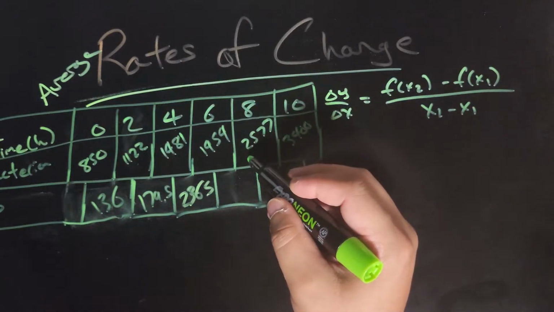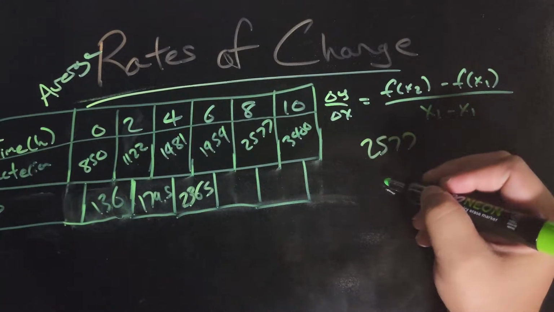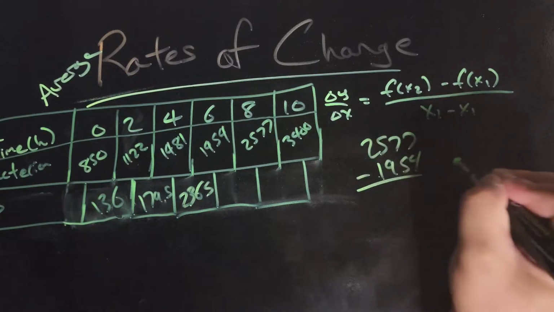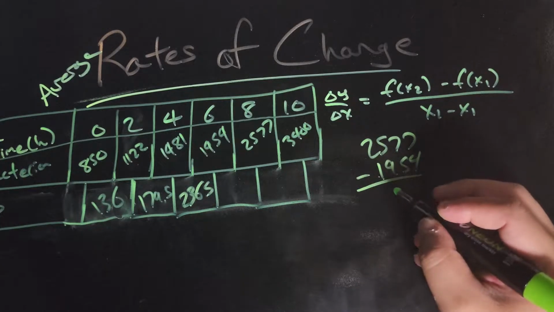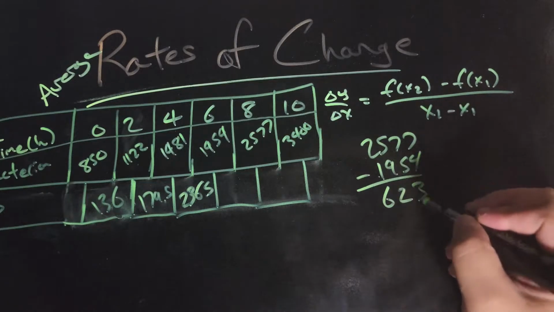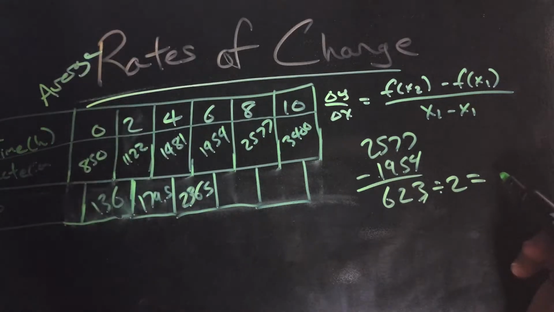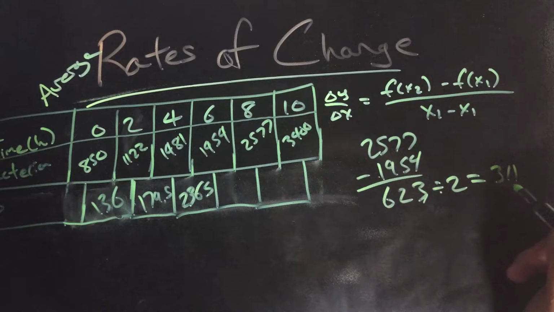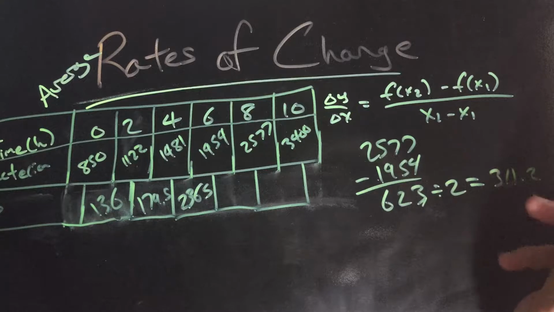This one, 2577, subtracting 1954, that should give me 623, and then divide that by 2. I should get, what is it, 311.5.